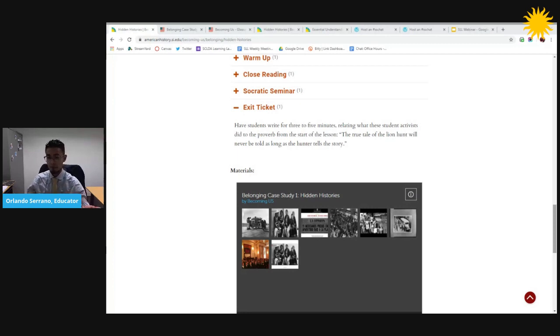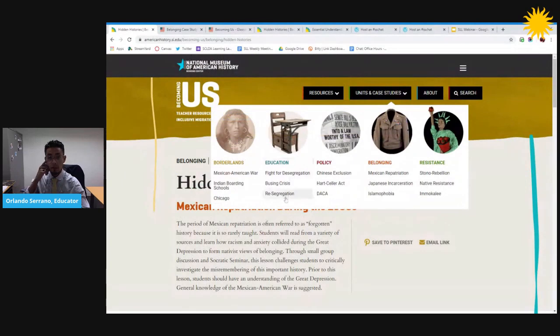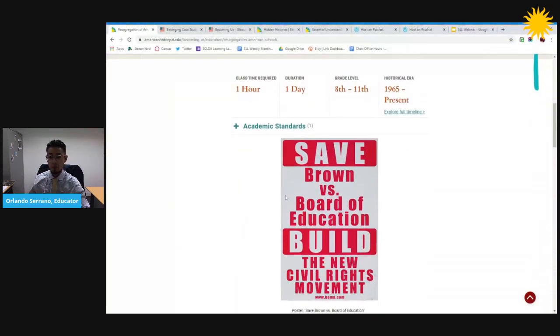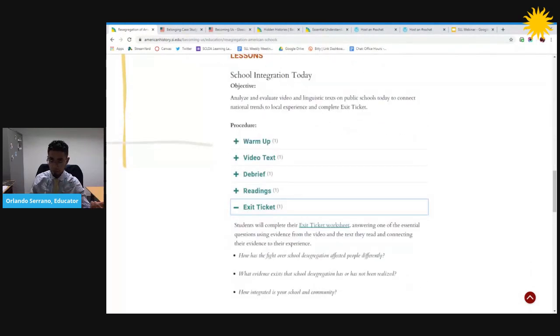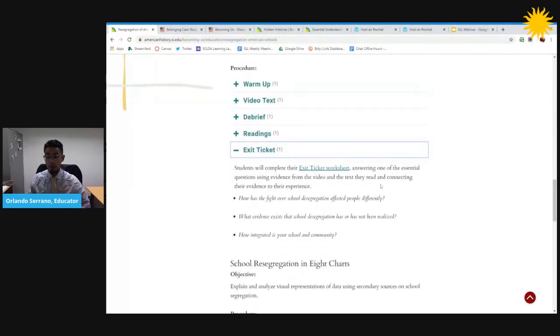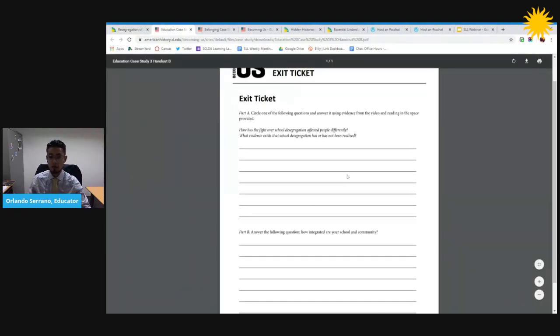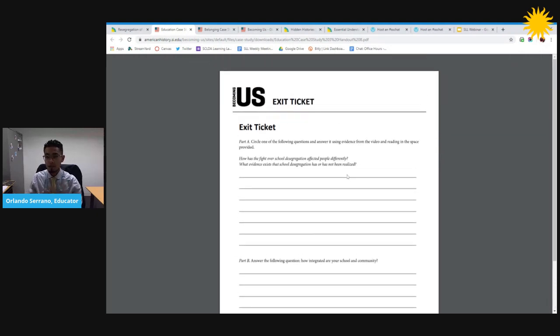But if you go under the resegregation of America's schools, that one does have an exit ticket, with a student-facing document that gets at this question. That one's ready to go.